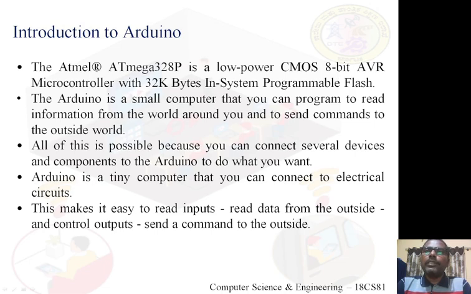To say it simply, the Atmega 328P is a processor from the Atmel family. It's low power CMOS. It's an 8-bit processor. It's an AVR microcontroller. And it has 32K bytes of flash, hence it has 32K bytes of flash memory within it. Got it? So clear?